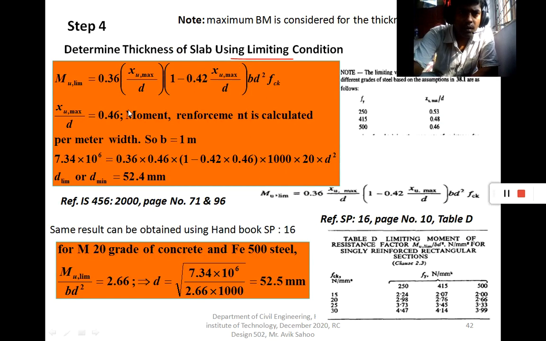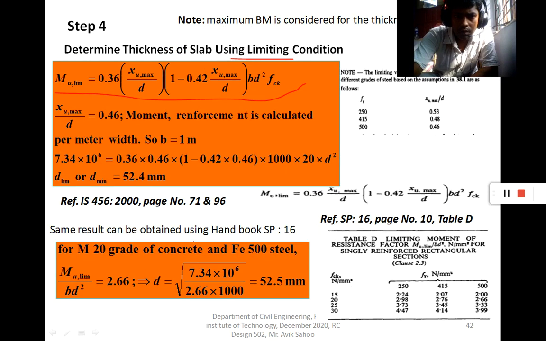That's why the maximum moment is considered to compute the depth of slab. So use this limiting balance condition formula to obtain the limiting effective depth and limiting overall depth.